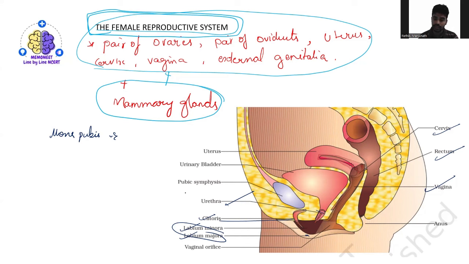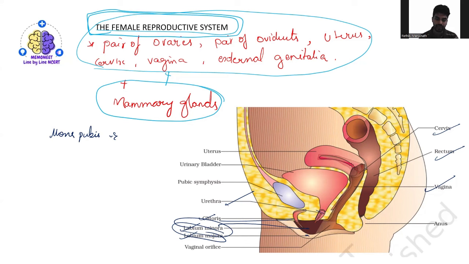Then you have the labium minora region. In the labium minora region, the pairs are folded here, folded by tissues, under the labium majora.